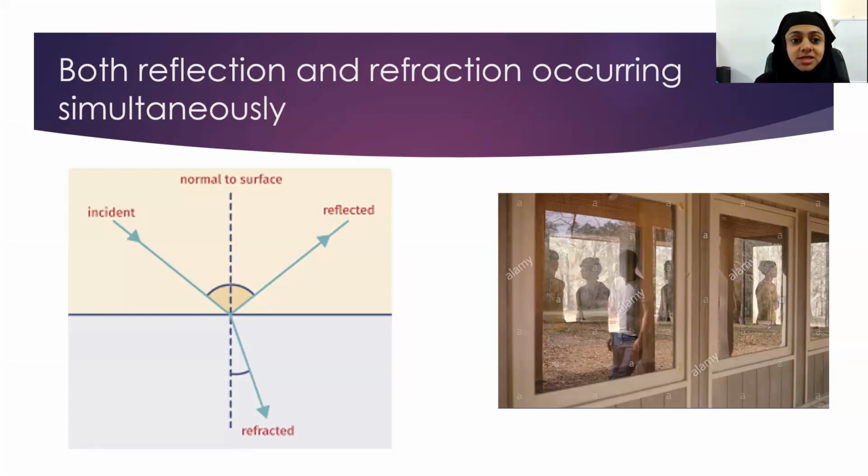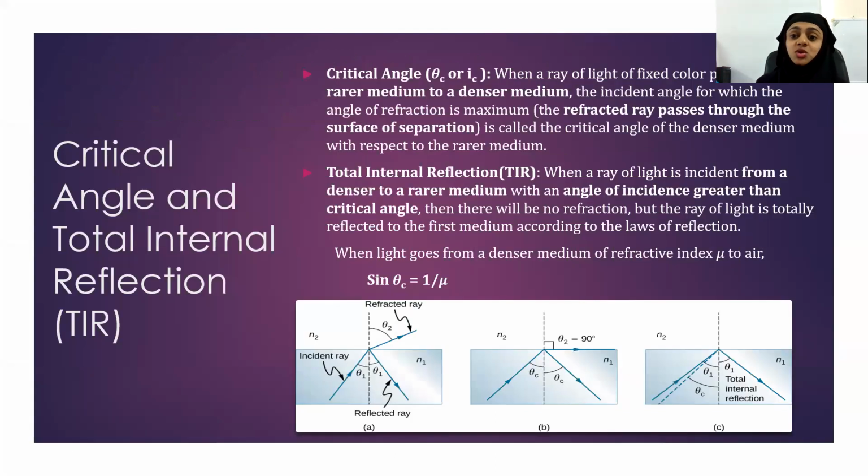Okay, so let us see what are the conditions for total internal reflection to occur. Now, total internal reflection occurs whenever the angle of incidence is more than the critical angle, which is usually denoted by theta c or i_c. So here you can see a picture where light is incident from a denser medium.